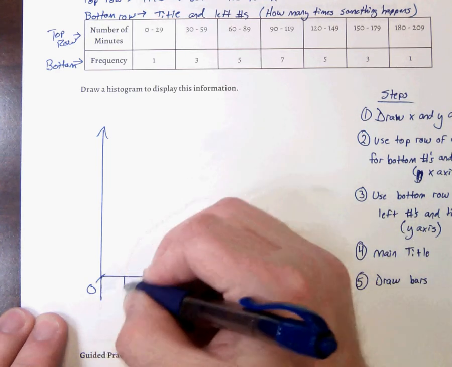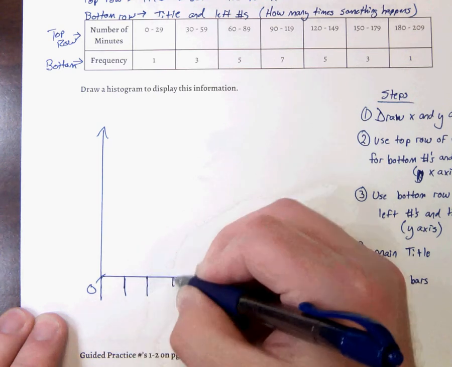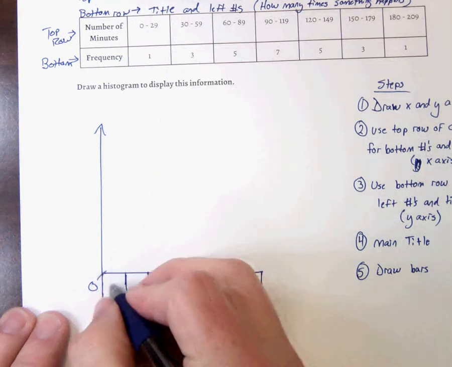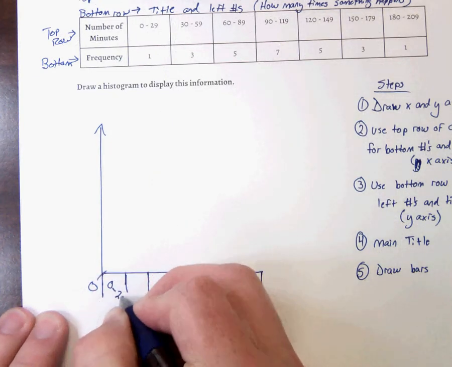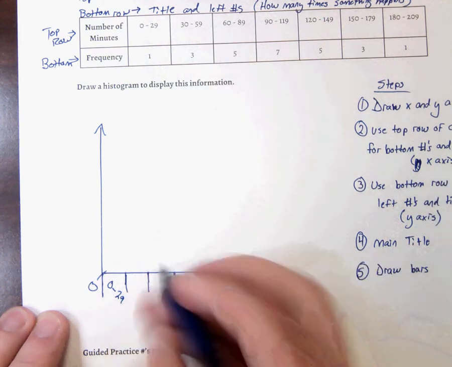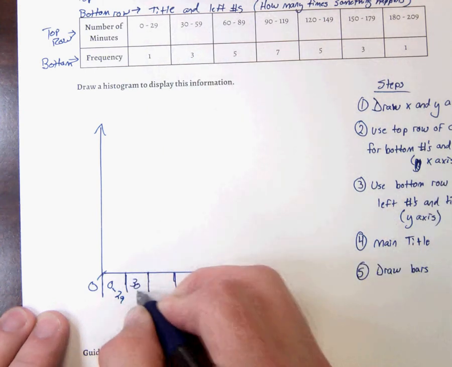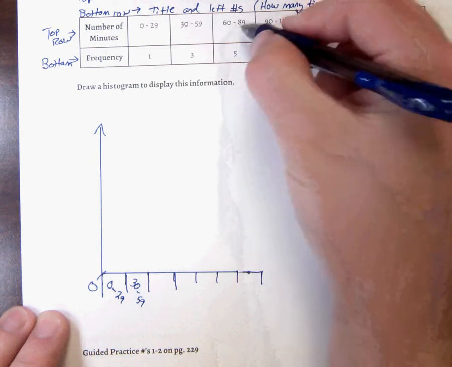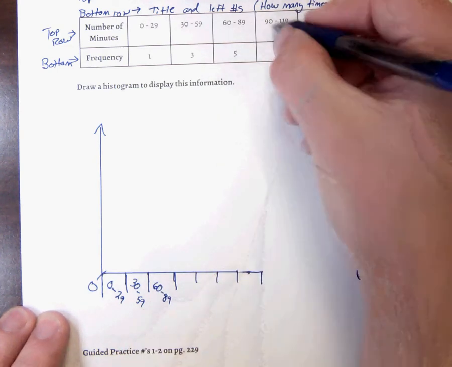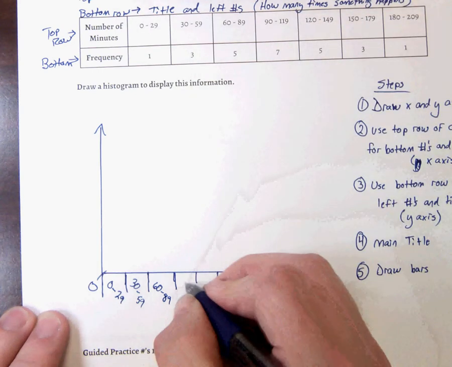Next is 120 through 149. Next is 150 through 179. And then our last interval is 180 through 209. Notice I'm not putting the numbers on the actual dash marks. Put them in between.